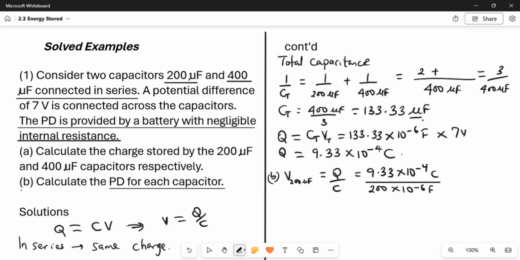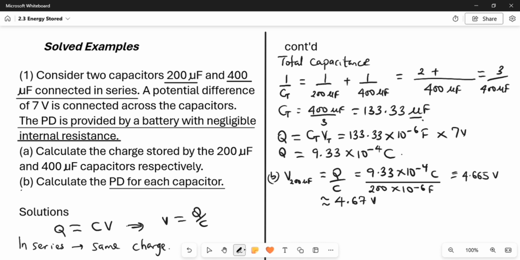This leaves us with a potential of 4.665, which can be approximated to 4.67 to 2 decimal places.